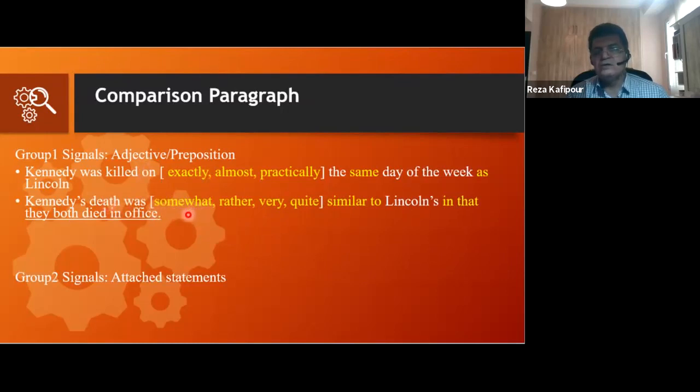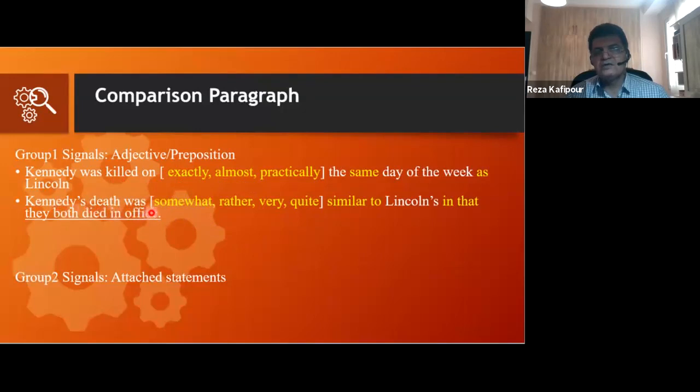Again, you may use a degree of comparison, somewhat, rather, very, quite, or any other word that refers to the degree of comparison, then using similar as adjective and to as preposition. So let's say using similar to in that as another structure.